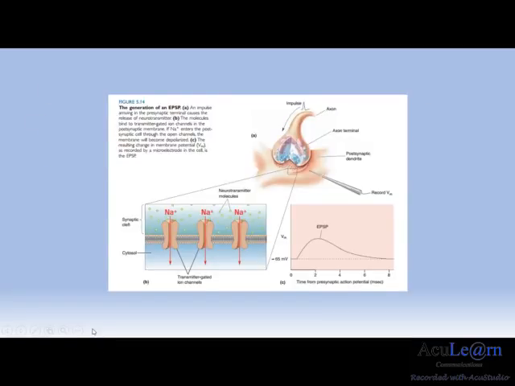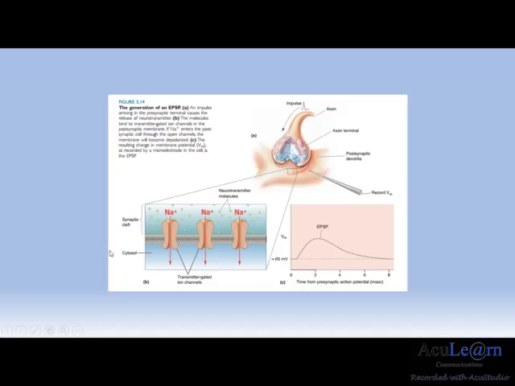The figure here depicts the generation of an excitatory postsynaptic potential, EPSP. This was described briefly 2 slides earlier on transmitter-gated ion channels. Essentially, it begins with the release of neurotransmitters at the presynaptic end, and the neurotransmitters induce a conformational change at the ion channels, causing them to open.